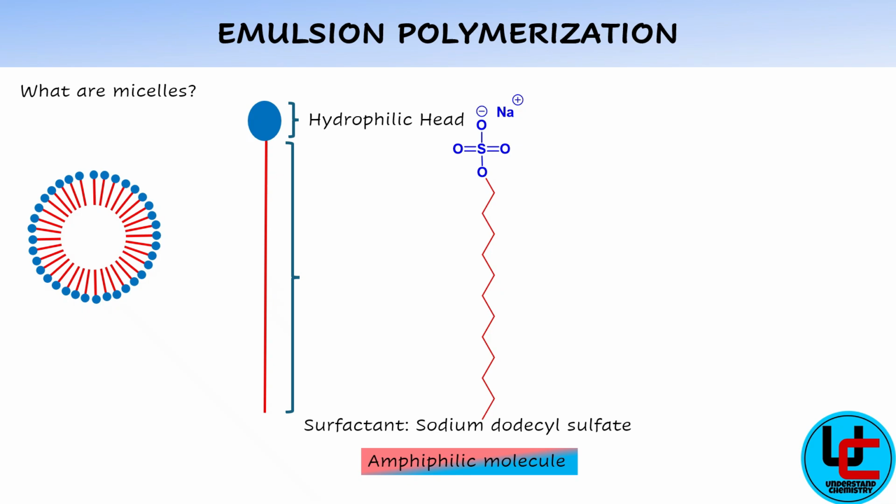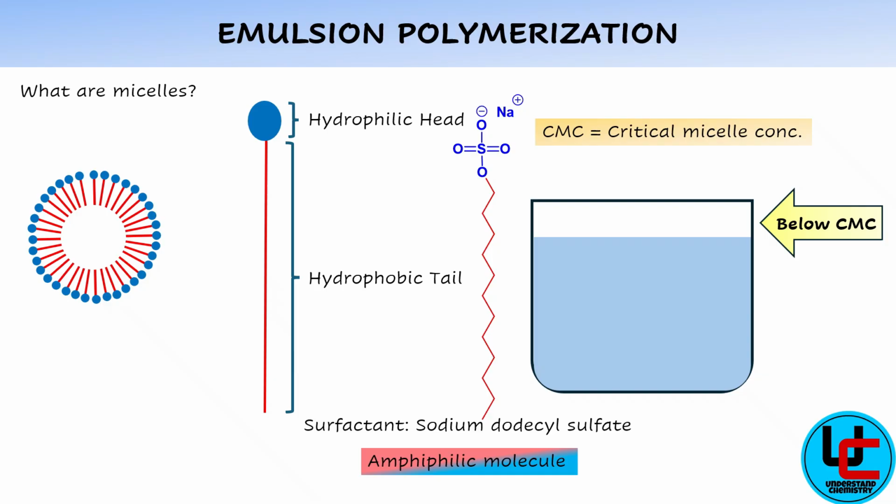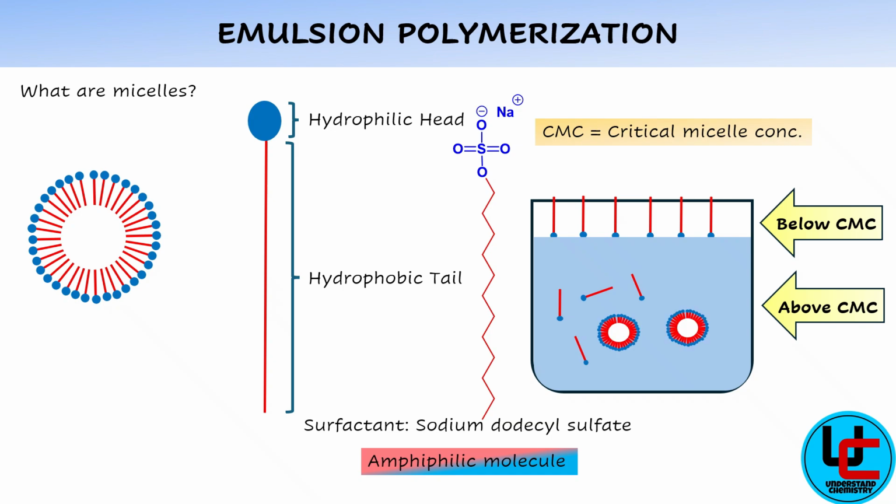When sodium dodecyl sulfate is added to the water, the molecules initially accumulate at the water surface and reduce the surface tension of water. When the surface tension of water is reduced to a level, at this stage, any additional amount of surfactant goes inside water. Once the concentration of sodium dodecyl sulfate reaches a certain threshold known as the critical micelle concentration, the amphiphilic molecules spontaneously self-assemble into spherical structures called micelles.